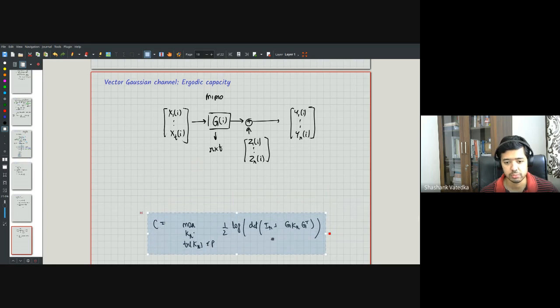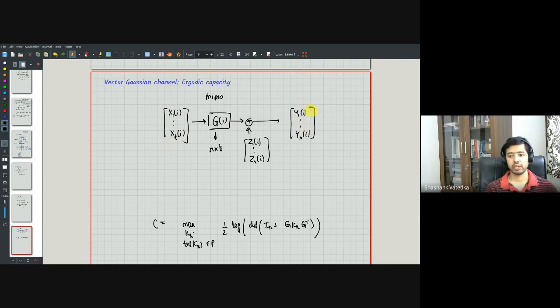If you've not seen this before, then basically the channel is given as follows. In every channel use, you're not transmitting just a single symbol, but you're transmitting a vector. So at time instant i, you're transmitting x1 of i through the first antenna, x2 of i through the second antenna, and so on, so xT of i through the Tth antenna, and the receiver has R antennas.